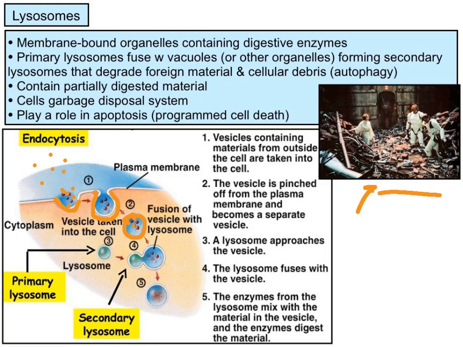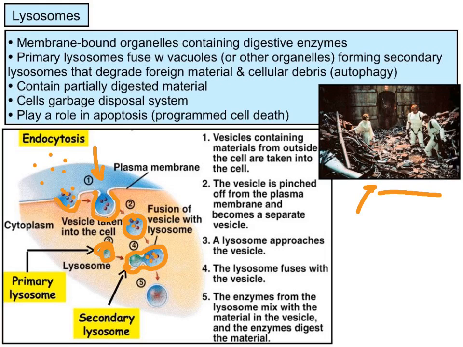That vesicle is then going to fuse with our primary lysosome, forming a secondary lysosome. So our vesicle plus the lysosome again has all sorts of digestive enzymes in it. They'll fuse together, and those enzymes begin to degrade the material that was brought into the cell, into those vesicles.